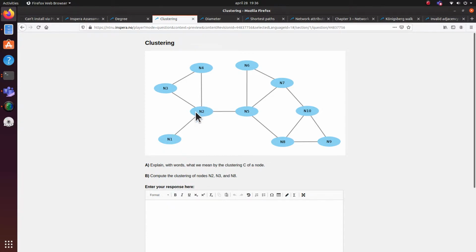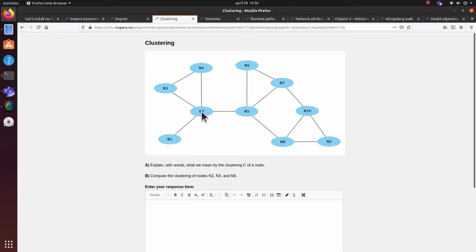And how many theoretically could it have? Clustering is a number that goes from 0 to 1, where 0 is something you'll have for a node where none of its neighbors are connected to each other, while a clustering of 1 is something you'll see in a node where all of its neighbors are connected to each other.